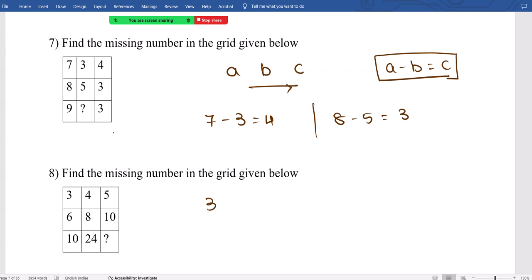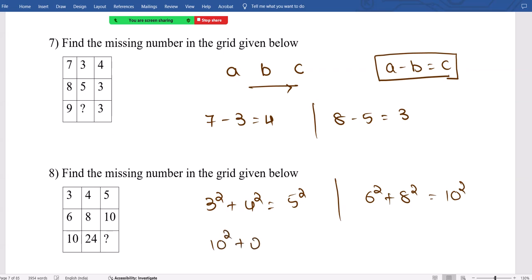In Pythagoras you can identify that 3 square plus 4 square is 5 square. 6 square plus 8 square is 10 square. What about this, sir? 10 square plus 24 square is 26 square, 676. So the answer is 26. Whereas here the answer is 6. Right? They'll give the options.